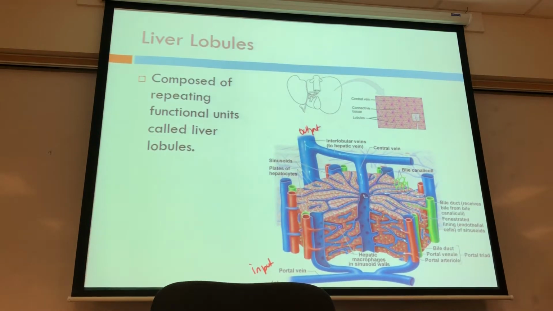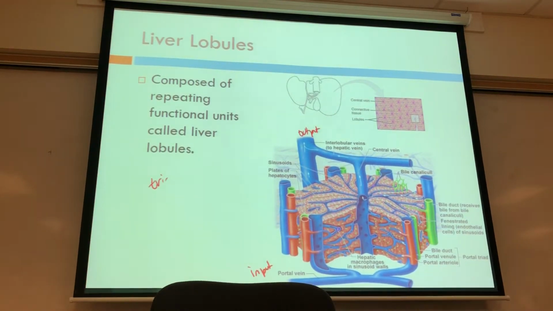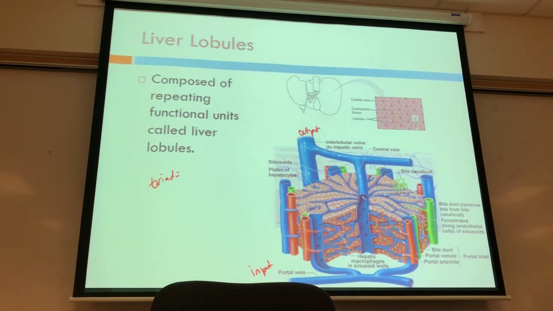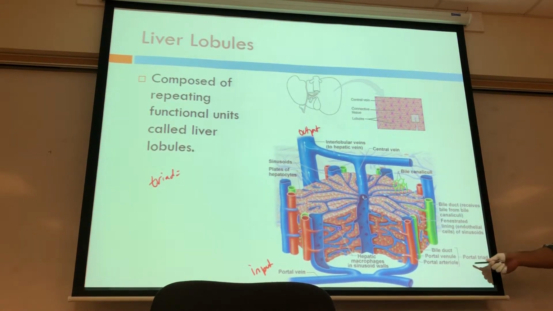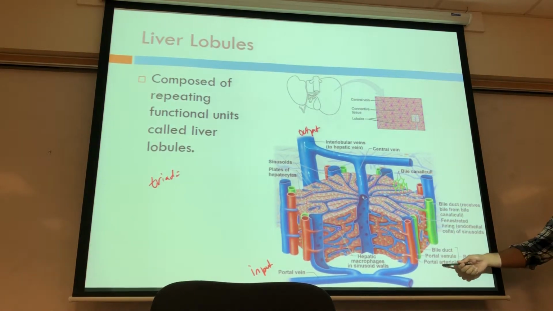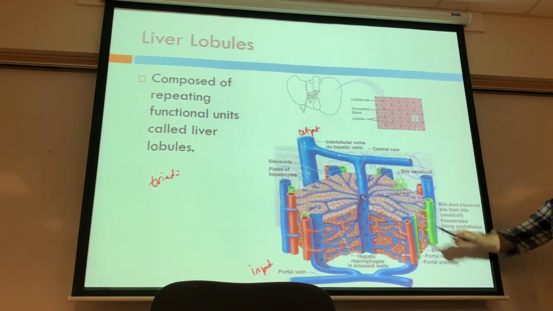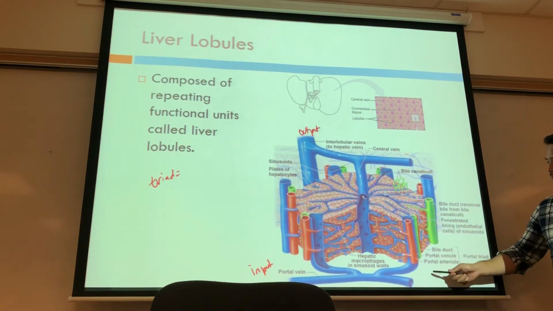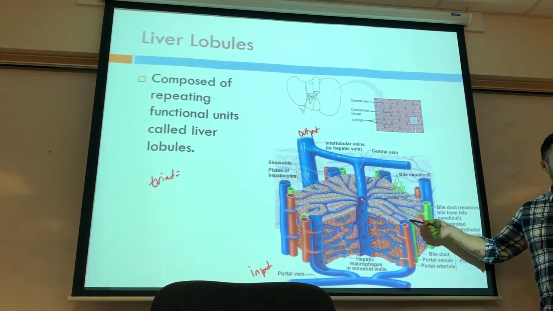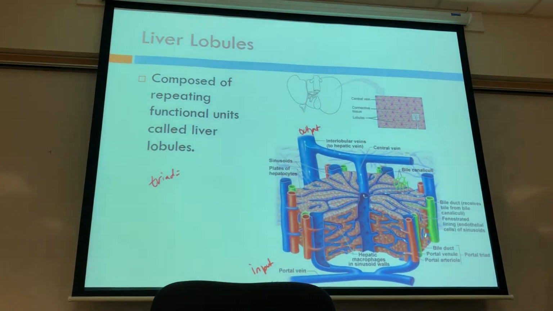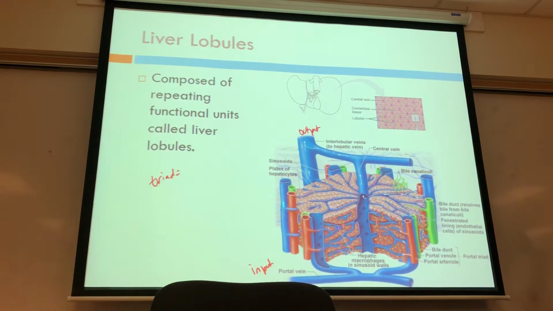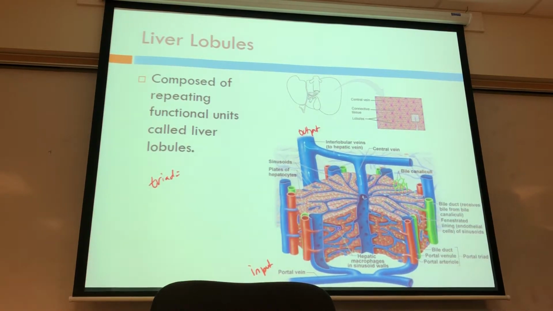You can see on our bottom right, our portal venule, our portal arteriole, again, branches of our input of blood, and then the last will be our bile duct for the purposes of producing bile. So these three are typically together on each of the sides of that hexagon.